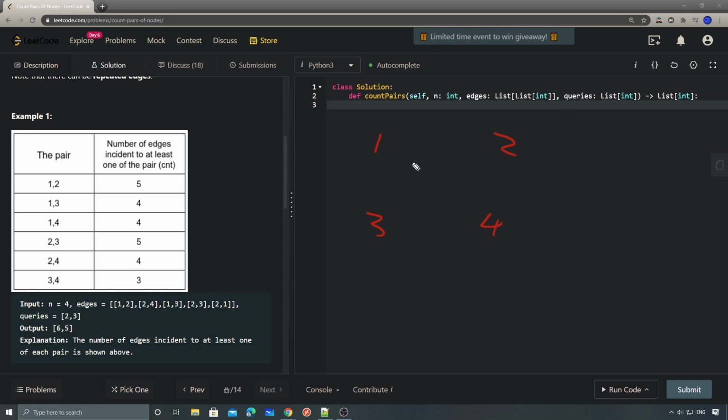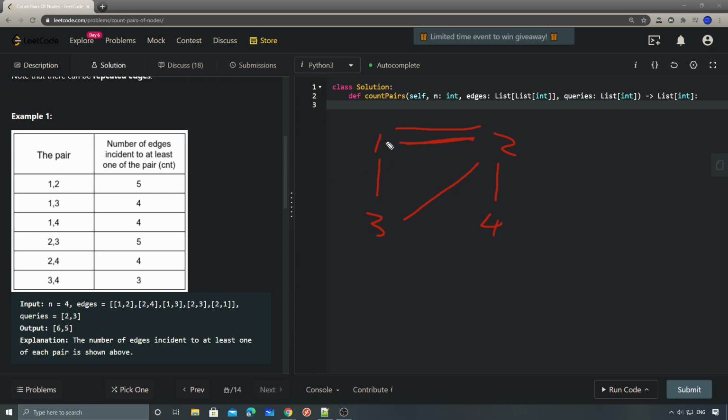Between 1 and 2, we have 1 edge. Then we have 2, 4, and then we have 1, 3, we have 2, 3, and then we have 2, 1. Basically, there's another edge between 1 and 2.